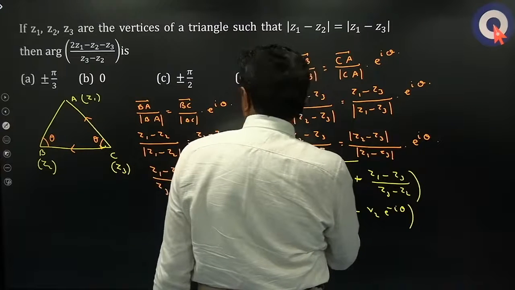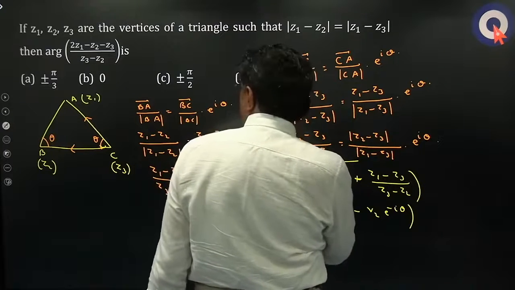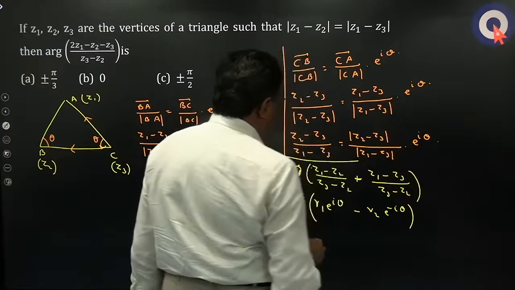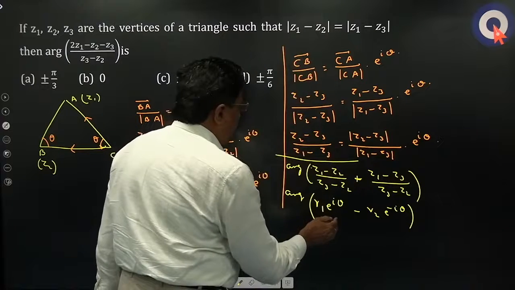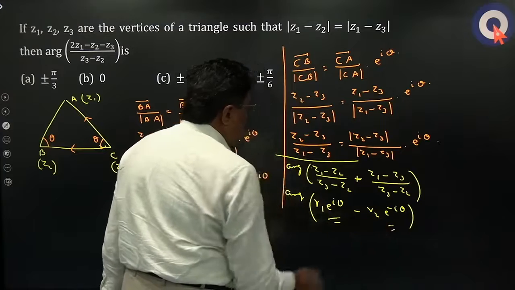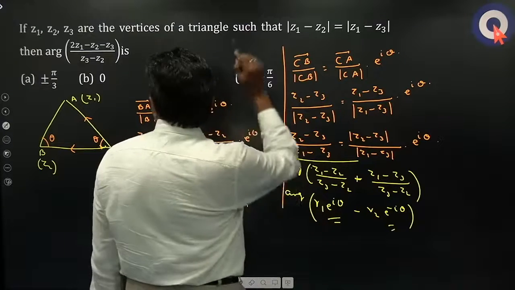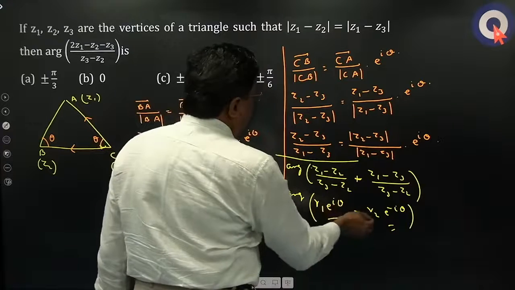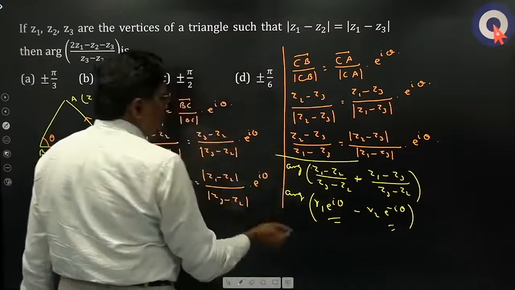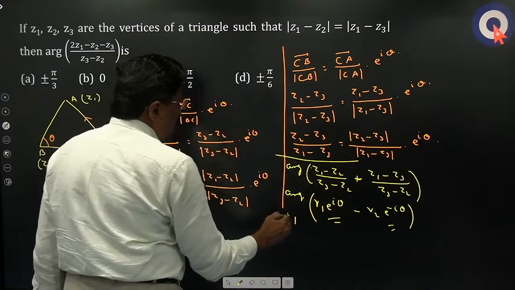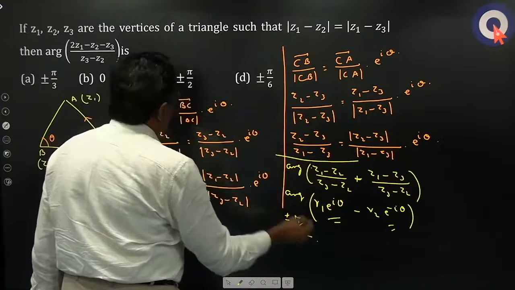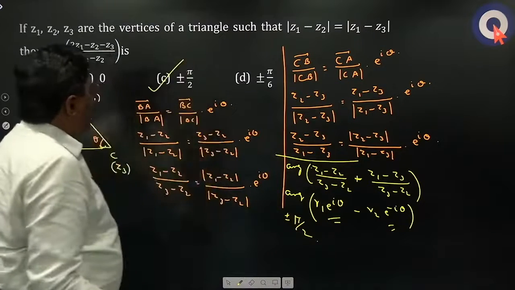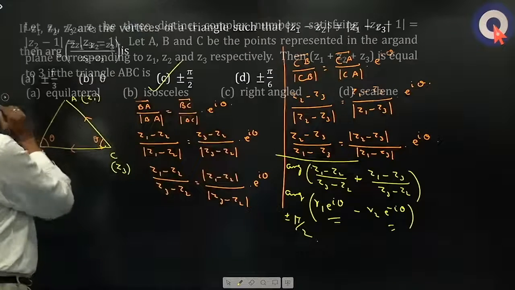You see Z1 minus Z2, Z1 minus Z3. All right. So the angle between the arguments of these two complex numbers is what? So they are conjugate to each other, right? Therefore plus or minus pi by 2 is the difference, is it not? So C is correct. All right.